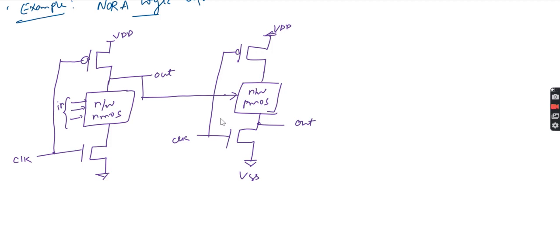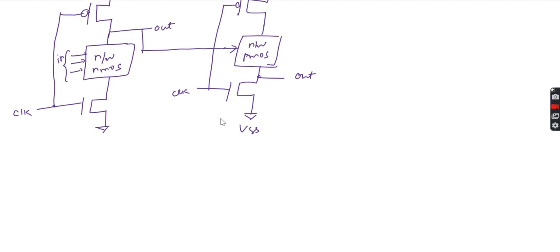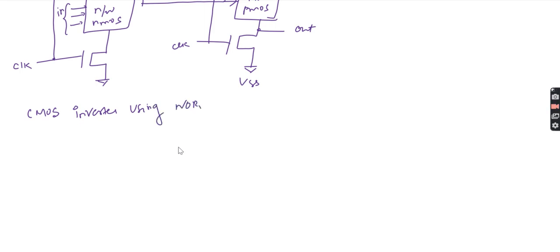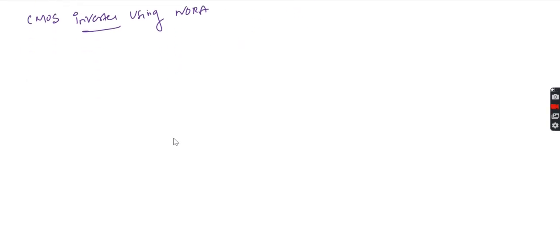Now I will draw a NORA logic CMOS inverter using NORA. It is the same inverter in the sense that we will have only one input, right?